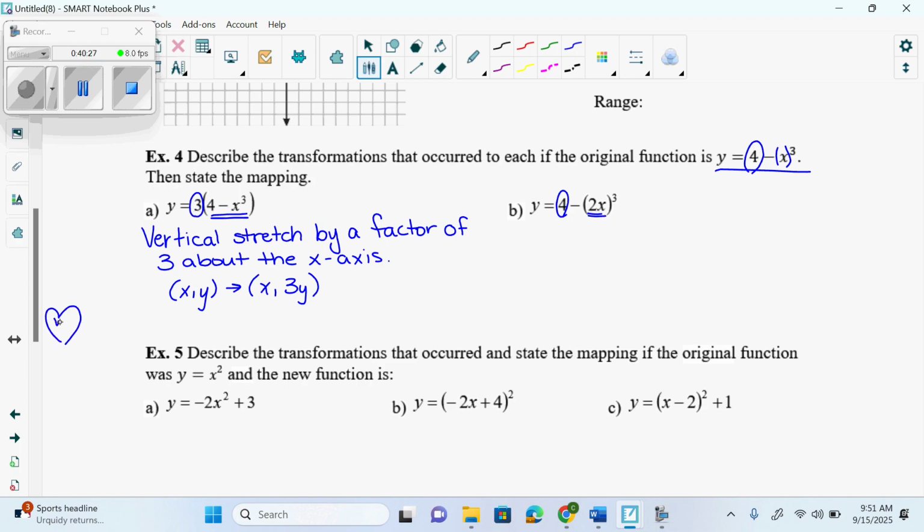Is that an equation or words or mapping that we're looking at? It's the equation, correct? We're going from equation to words. We're going over the arrow. So that 2 is not going to stay a 2. What's it going to become? A half. So it's a horizontal stretch by a factor of 1/2 about the y-axis.